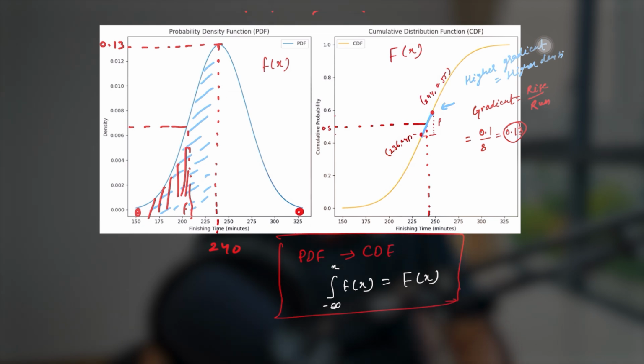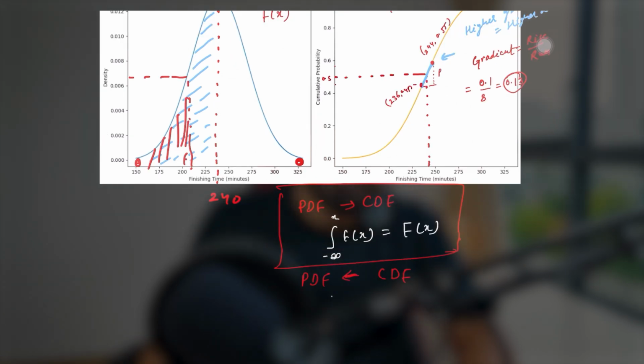Similarly, when you want to find the PDF from the CDF, you can simply calculate the differentiation. The differentiation of F(x) with respect to x gives you f(x). Let me also enclose this in another square.